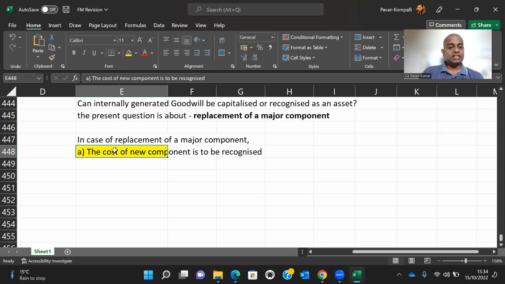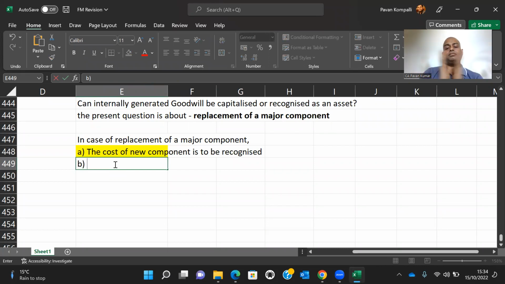Now an LKG student also tells this, but only a CA Intermediate student can tell the second point. What is the second point? The written down value of the old component is to be what?